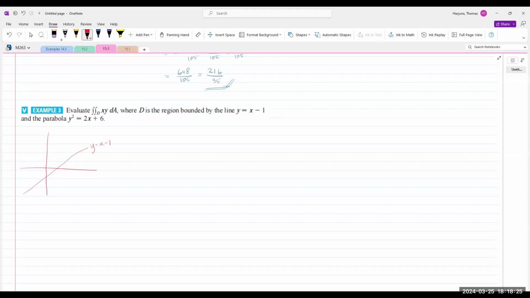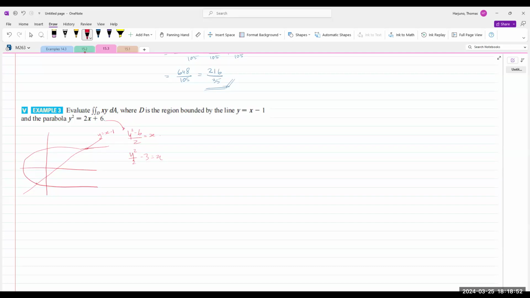The second part is the parabola. y squared minus 6 over 2 equals x. So that's y squared over 2 minus 3 equals x. So it looks like this, huh? Right? So this is the line y equals x minus 1.